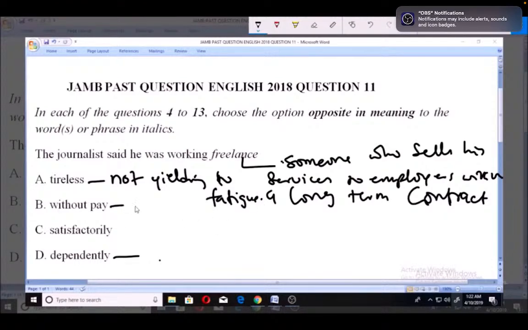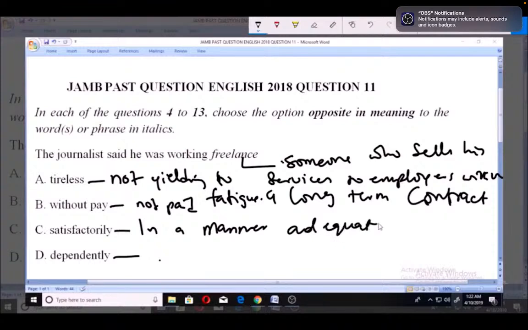Now, without pay means that you're working and you're not collecting money. You're working for free. Then satisfactorily simply means in a manner adequate to requirements. So you're doing exactly what is needed of you.